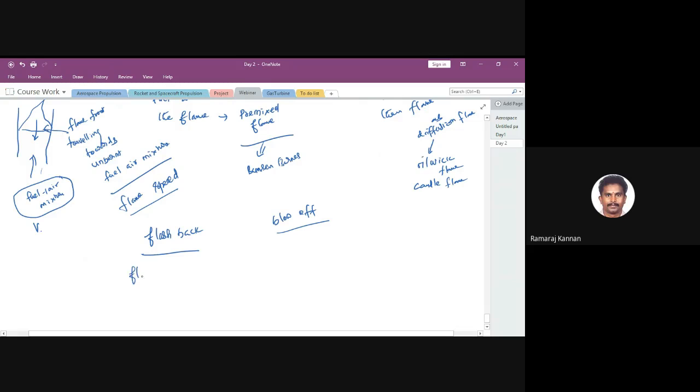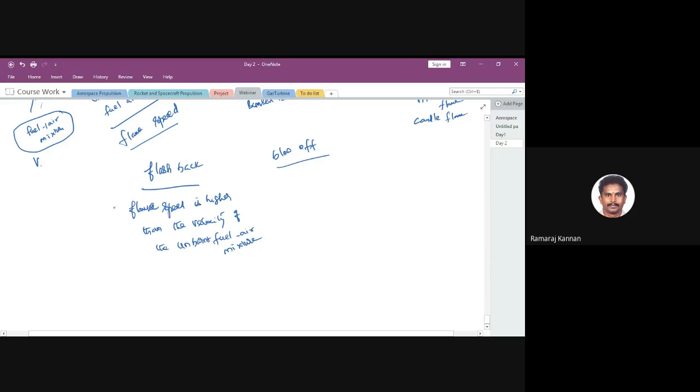If your flame speed is higher than the velocity of the unburned fuel air mixture, then what will happen?